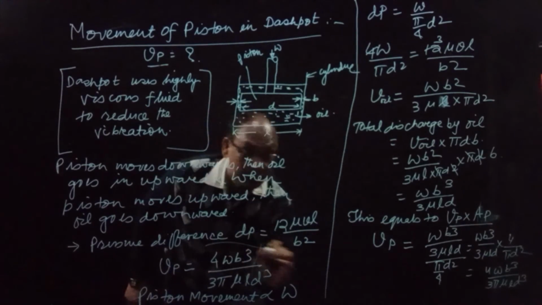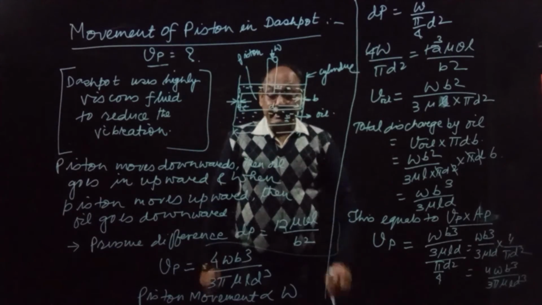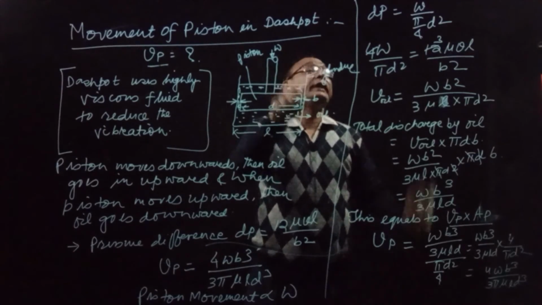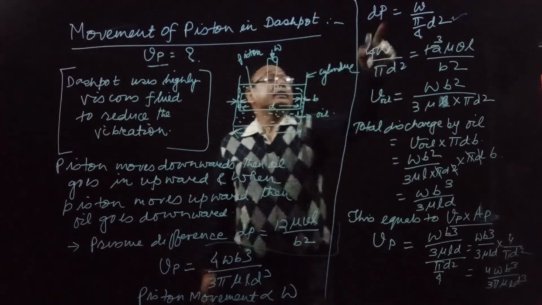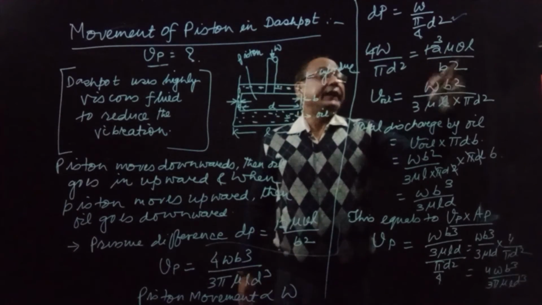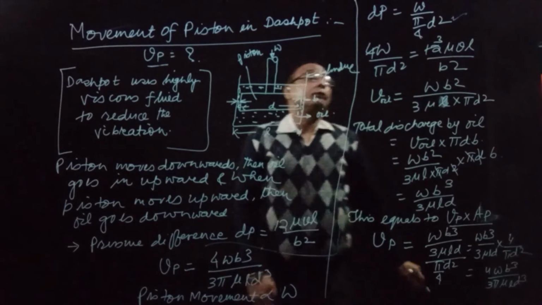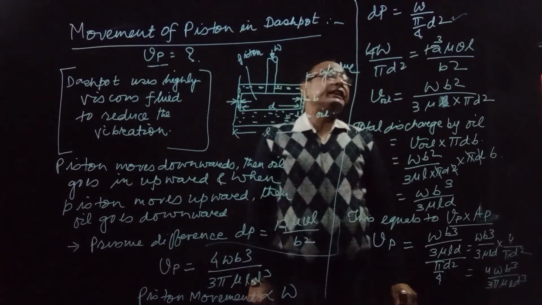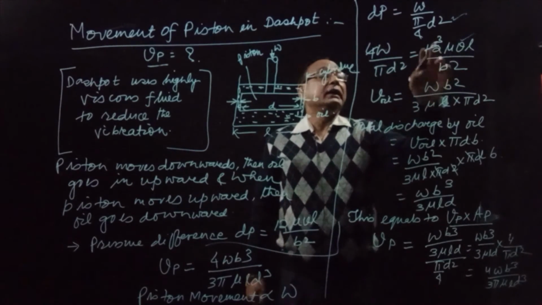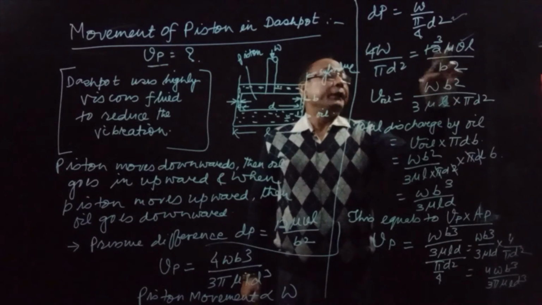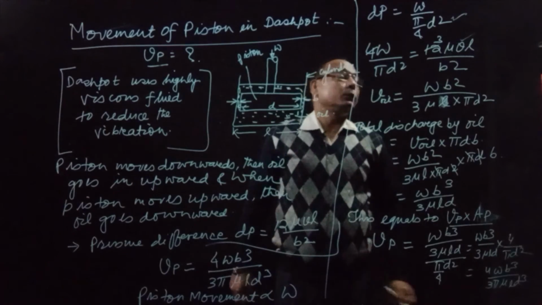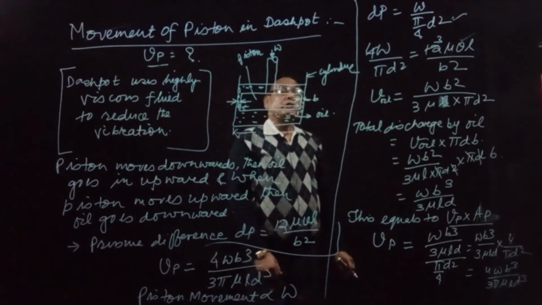Delta P is the load upon the area, pi by 4 d square. Equating, 4W by pi d square equals 12 mu V L by B square. So 4 threes are 12, and we have to find the velocity of the oil. So V will be equal to W B square by 3 pi mu L d square. This is the velocity of the oil.